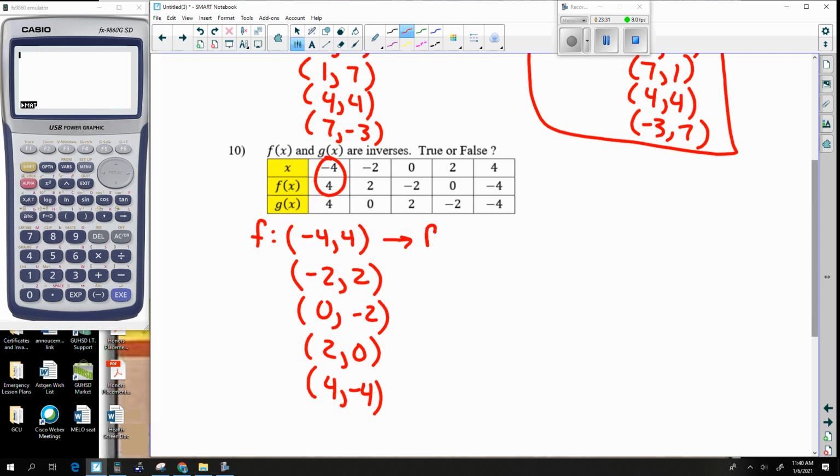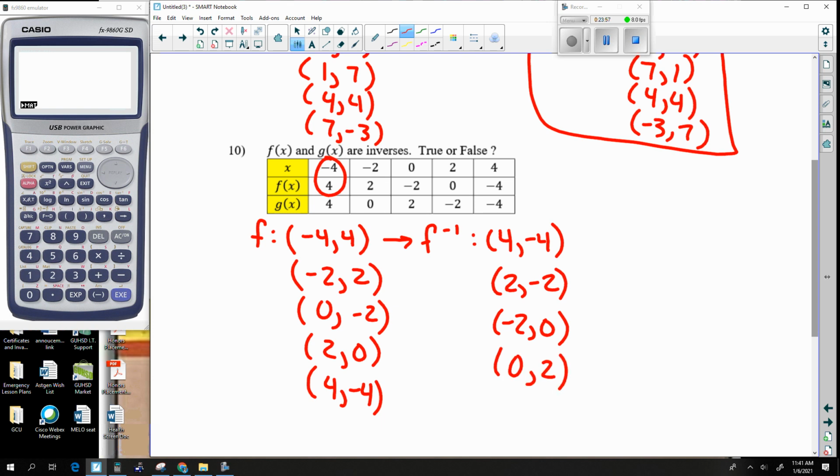Okay, let's go ahead and take the inverse of these f's. So the inverse of these f's would be (4, -4), (2, -2), (-2, 0), (0, 2), and (-4, 4). The x's became y's and the y's became x's.